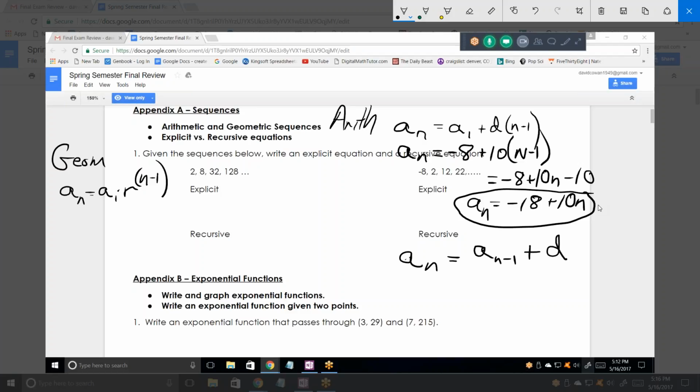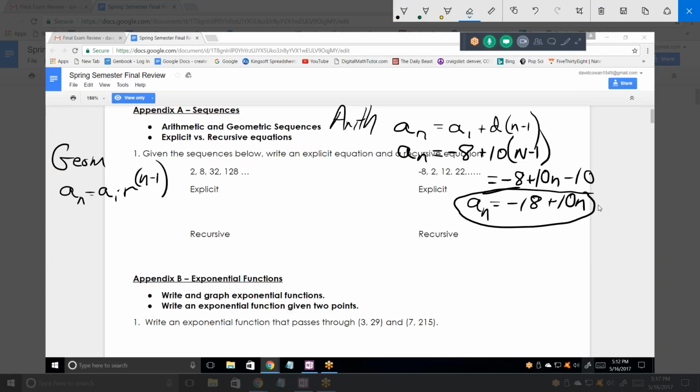So that's the general equation for an arithmetic recursive formula. And then specifically, it's 10. So there is the recursive nth term, there is the explicit nth term. Okay?